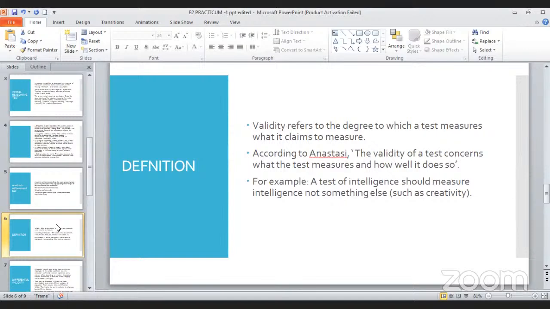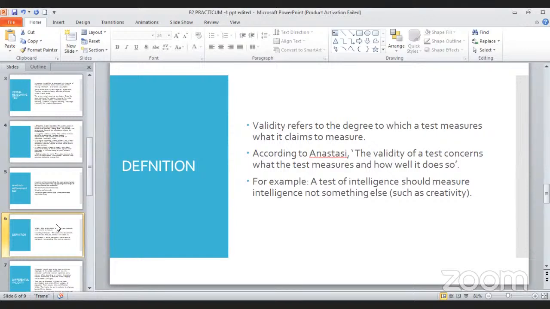So whenever we are checking the validity, we have to calculate the correlation coefficient between the particular test and another test that measures the same content or the same construct.